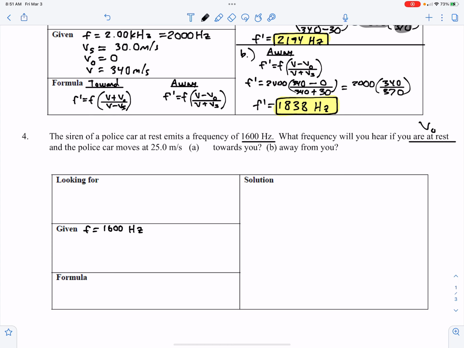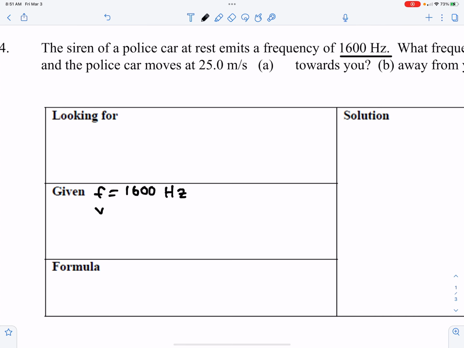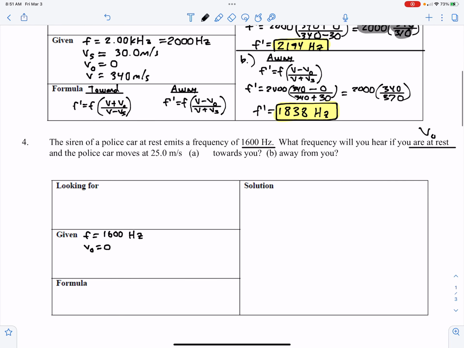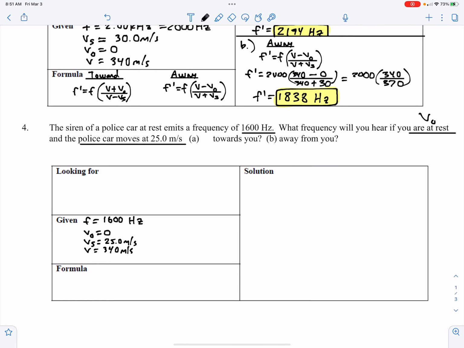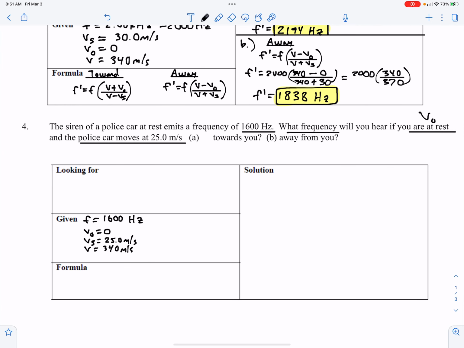You're the observer, so the velocity of the observer is 0. But the police car is moving at 25 meters per second, so the velocity of the source is 25 meters per second. The velocity of sound we're still going to take at 340 meters per second, just like we did in question number 3.